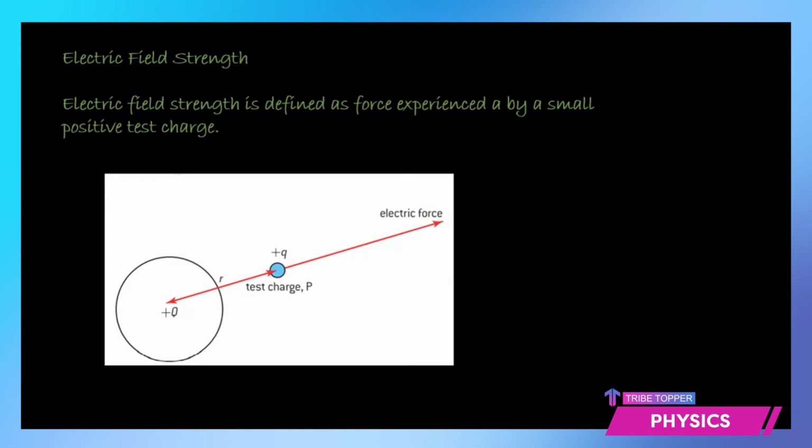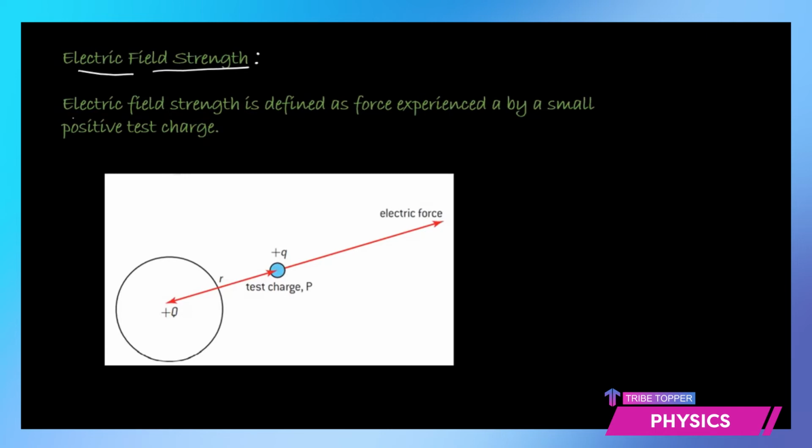And now we need to understand what is electric field strength. That means how strong is the field. Obviously the strength can be determined from how strong a force the test charge experiences due to this source charge.